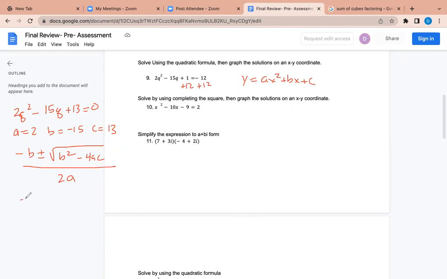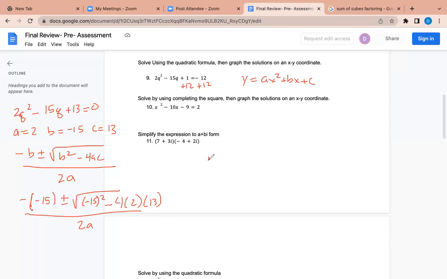Plug these all in, it would be negative negative 15 plus or minus the square root of negative 15 squared minus 4 times 2 times 13 all over 2a.